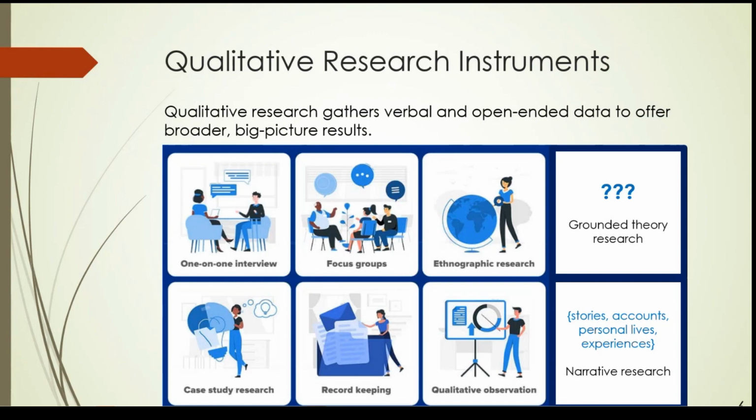So for grounded theory research, you need a lot of data. You need a lot of data to understand how things work. You are looking for gaps. You're looking for deviations. And you have to collect the data over time to see the changes.